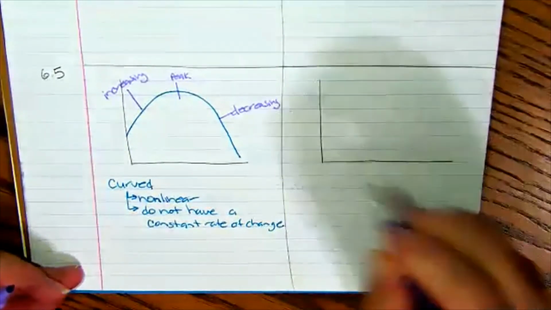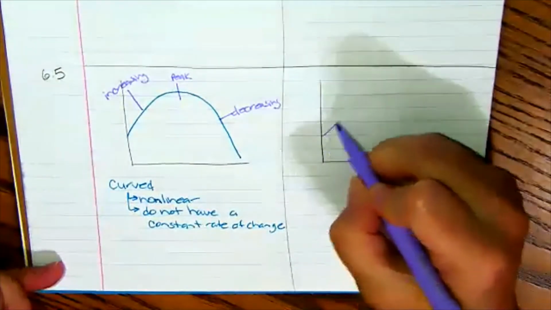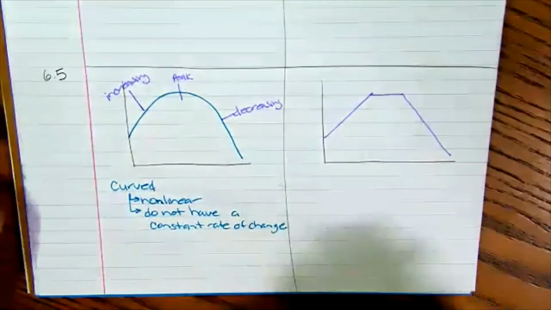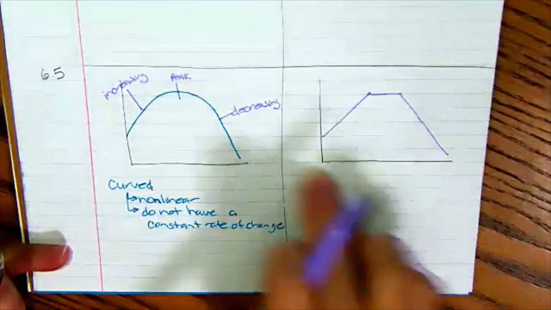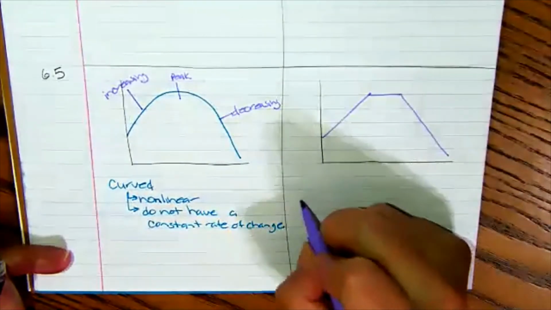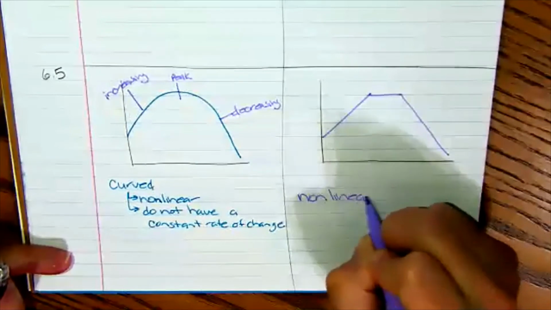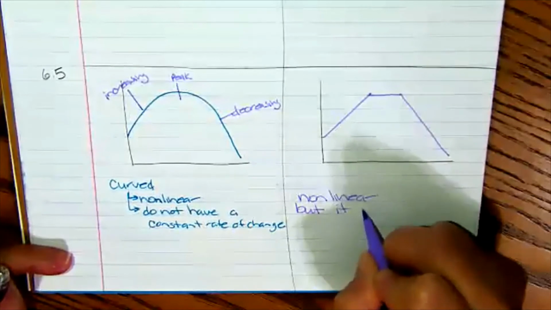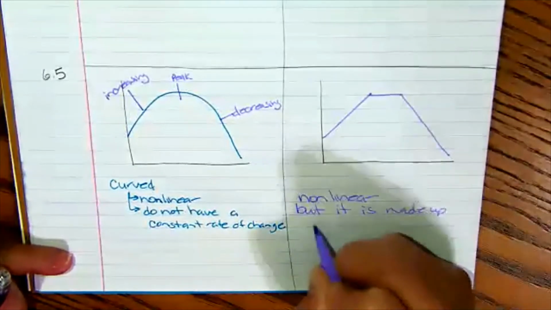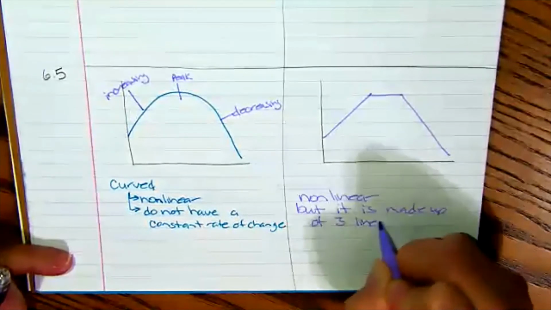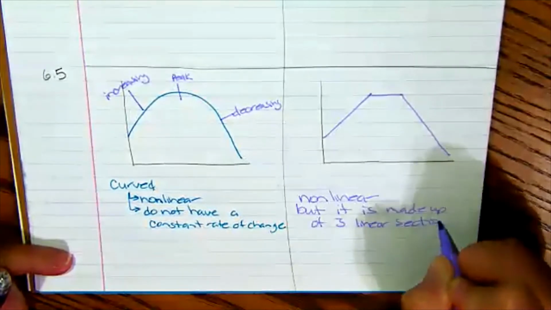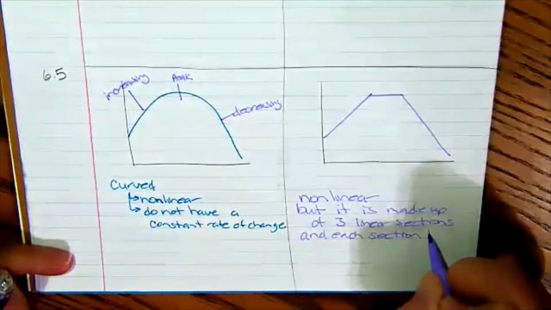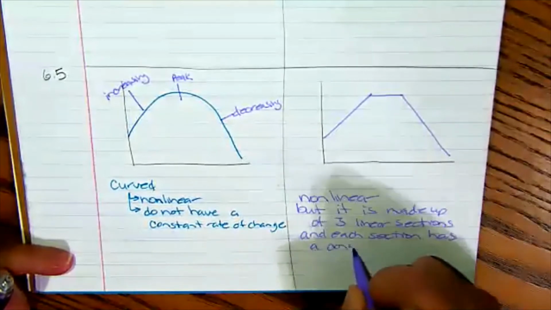So here we have up, flat, down. Okay, just like before, the whole graph is nonlinear, but it is made up of 3 linear sections. And each section has a constant rate of change.